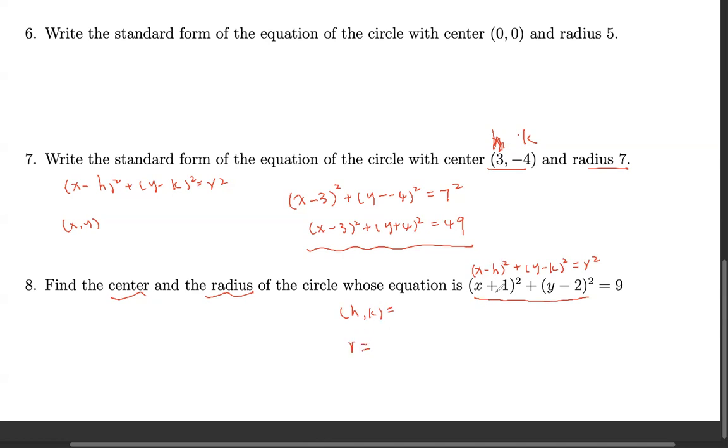Well, x minus h, but here we have x plus 1. So that's x minus -1. So h is -1. And k is, y minus k, y minus 2. So k is 2. And the radius is something squared. It's 3 squared. So the radius is 3.